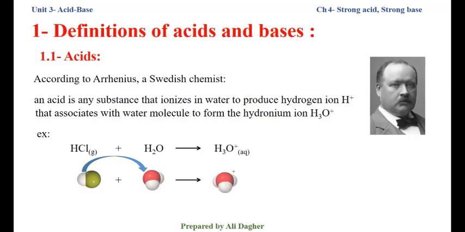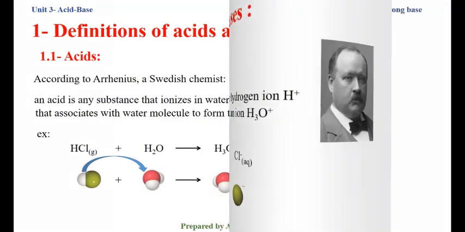Then we obtain H3O+ and Cl-. This ionization of hydrogen chloride in water gives H3O+, therefore it is an acid.